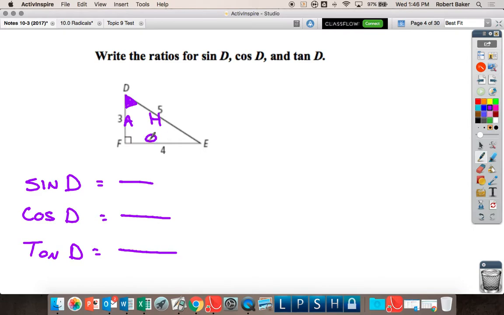Okay, so what is sine? Opposite over hypotenuse. So our sine function would be 4 over 5.